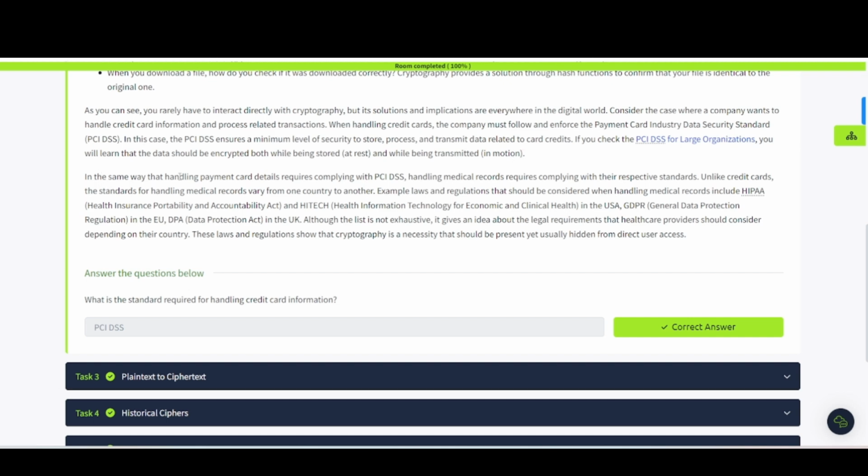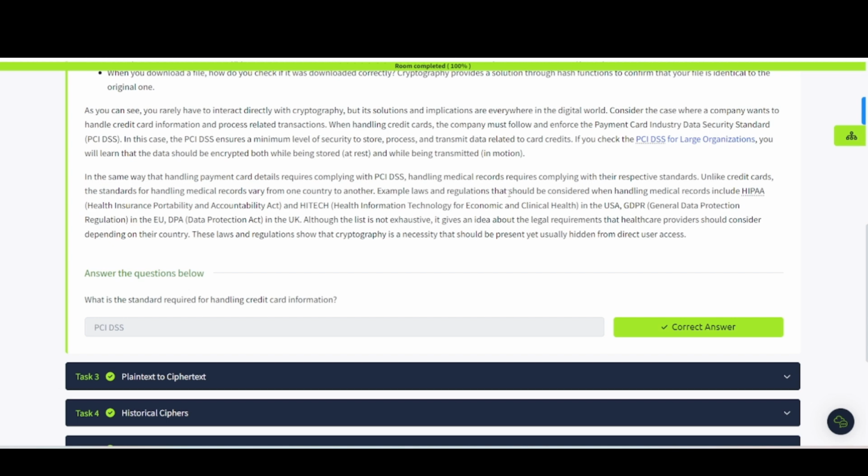In the same way that handling payment card details requires complying with the PCI DSS, handling medical records requires complying with their respective standards. Unlike credit cards, the standards for handling medical records vary from one country to another.